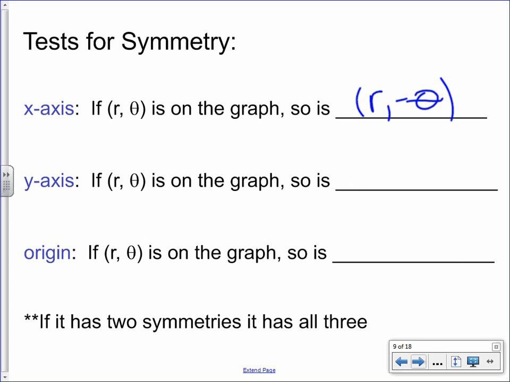If we have y-axis symmetry... Origin symmetry, negative r, theta. If it has two symmetries, then it has to have all three.